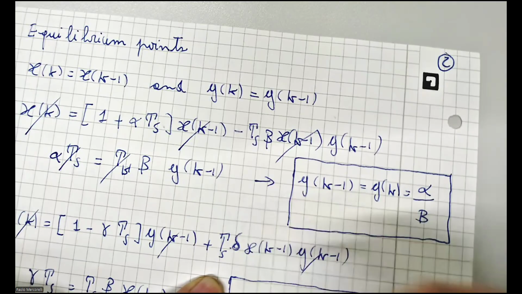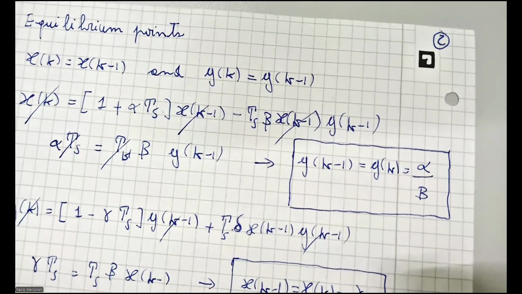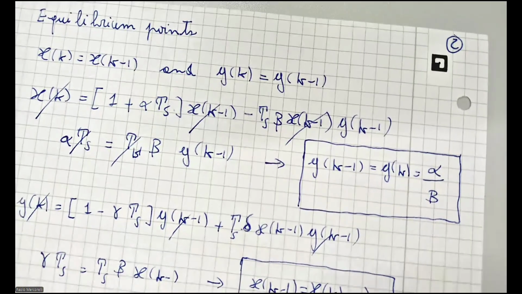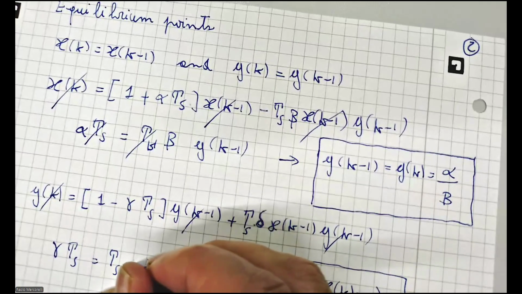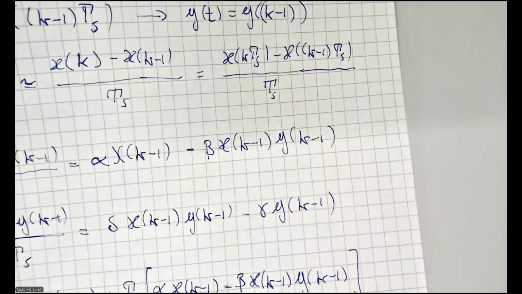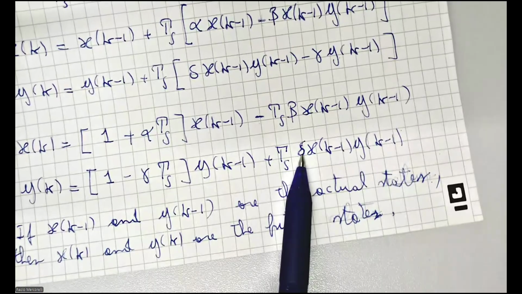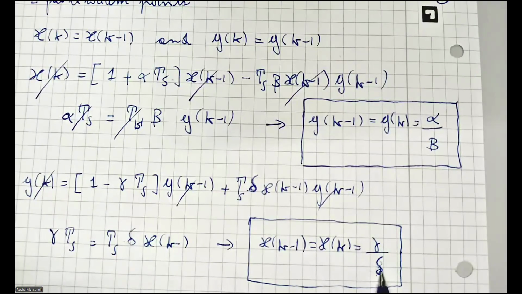Excuse me for this error. This means something like that, I hope. Let me check again, because I don't want to upload. Yeah, because this was delta. Once I correct it, this means this is delta.